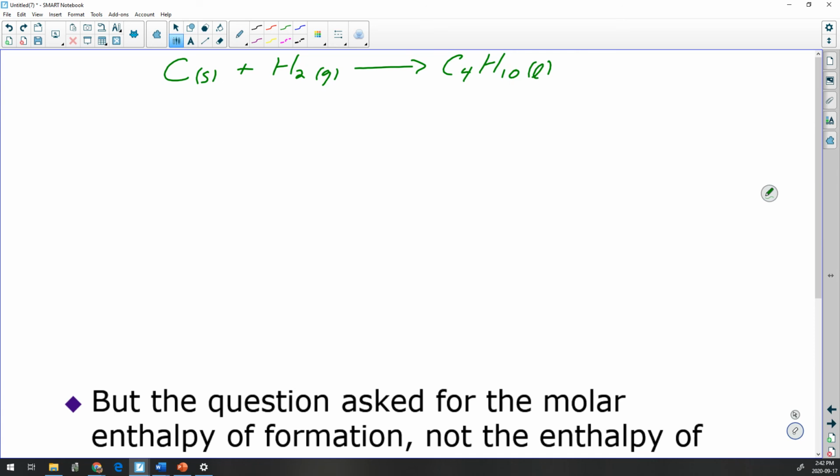I look at reaction 1, and I've got butane on the reactant side, but I want butane on the product side. So I'm going to take reaction 1, and I'm going to flip it. Oop, what did I forget to do? Balance it. Balances nicely, 4, 5. So, 4 CO2 plus 5 water.